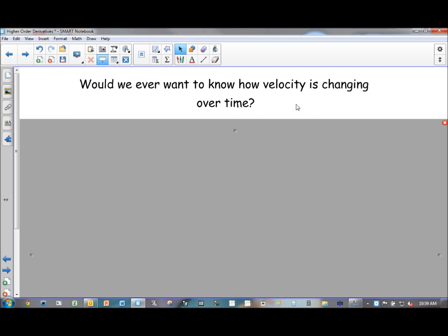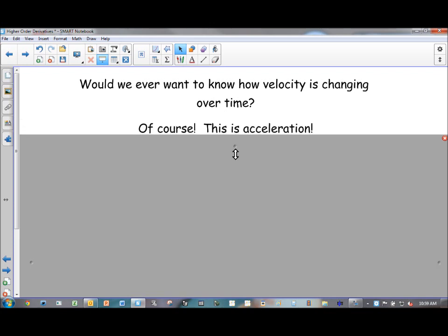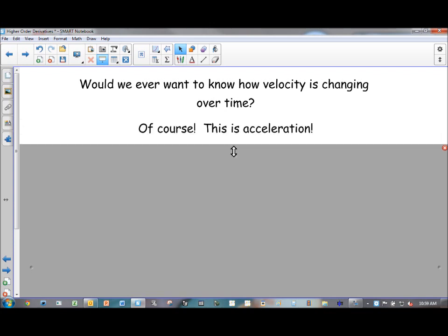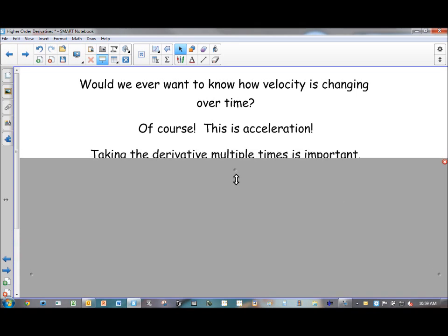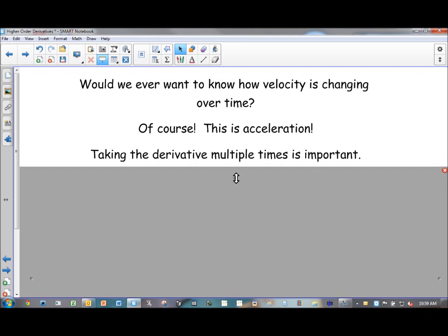Would we ever want to know how that derivative, velocity, changes over time? Of course we would. That's called acceleration. So acceleration is the derivative of the derivative of position, and so we call that the second derivative. So it is important to take the derivative multiple times.